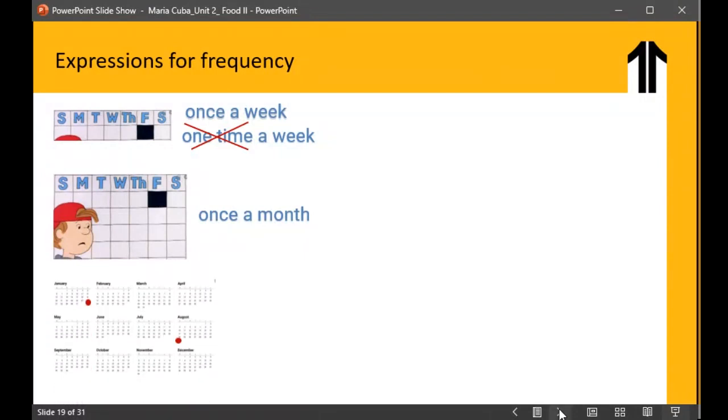Once a month. In this case, what do you think is the expression? Is it possible to use once one more time? It's not possible right now. What do you think is the expression now?